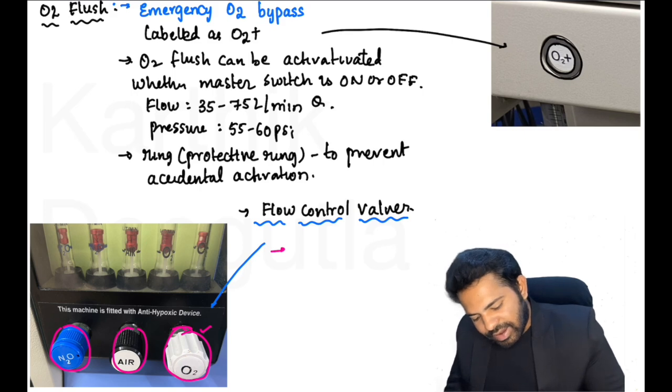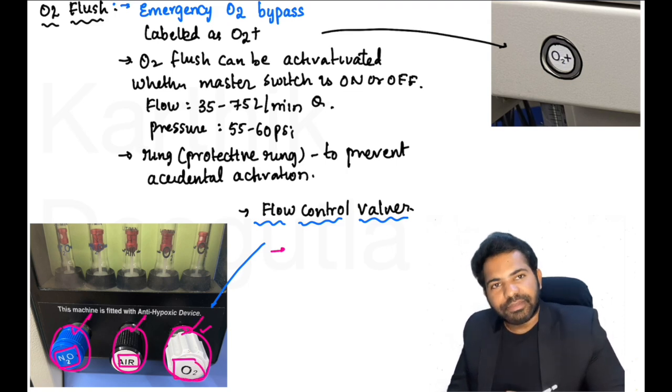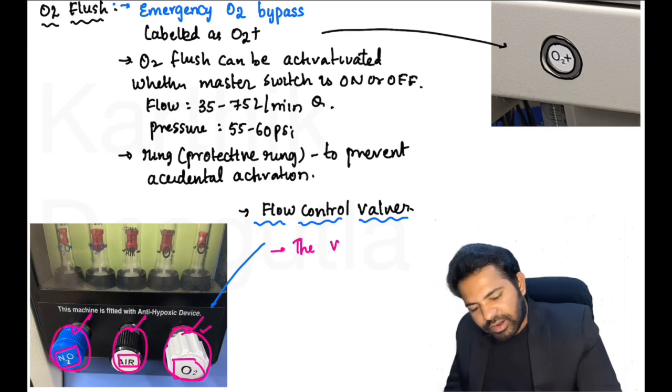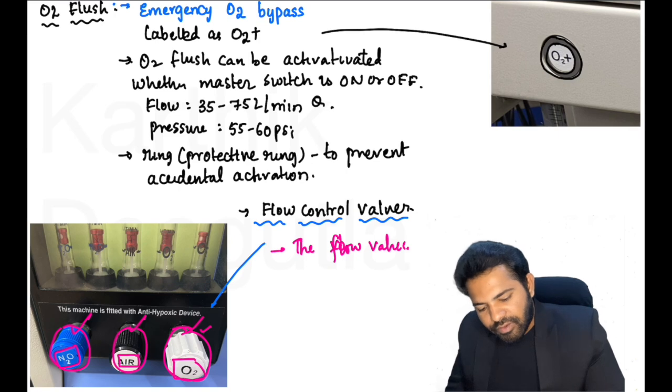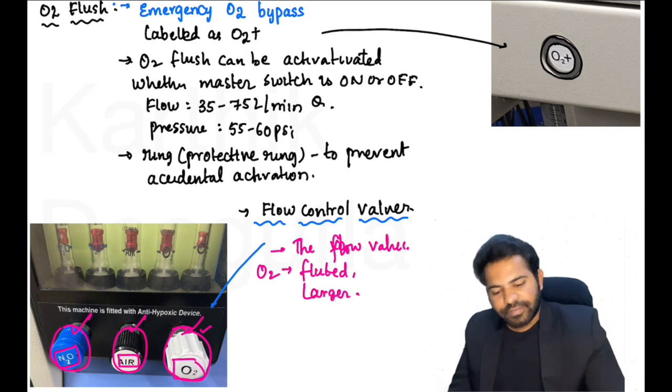You can see the name of the gas mentioned on each flow control valve with their individual color coding. All these are safety mechanisms. Also, the flow control valves of oxygen are fluted. It is larger and fluted than the other gases. This is also a safety mechanism.